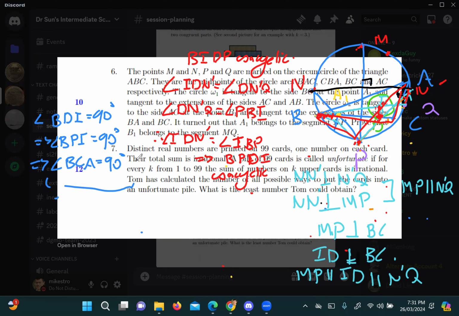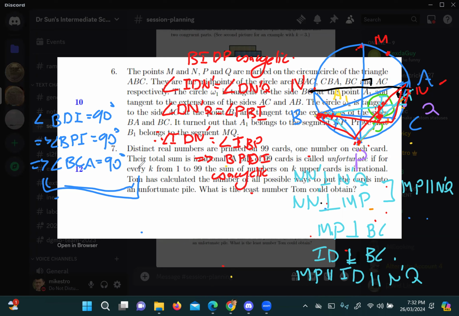So you can basically work backwards and do all of this, but backwards, to get that B1 also lies on MQ. Wait, when you did this, was that when you screamed at the back? No, that was question 5. So the full proof, you do all of this, but backwards.